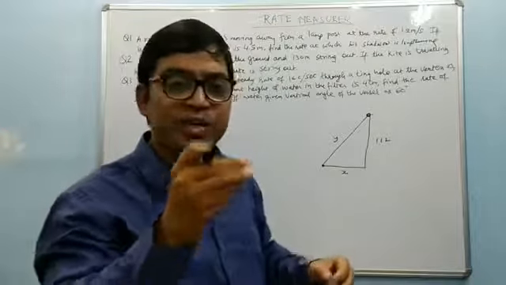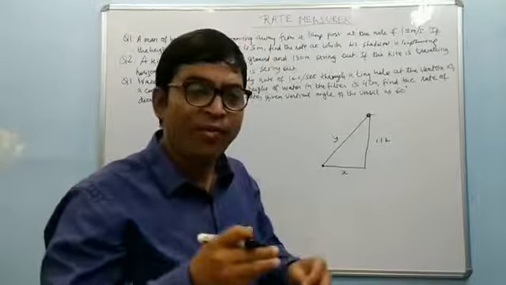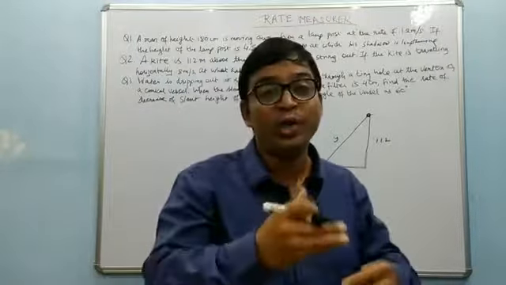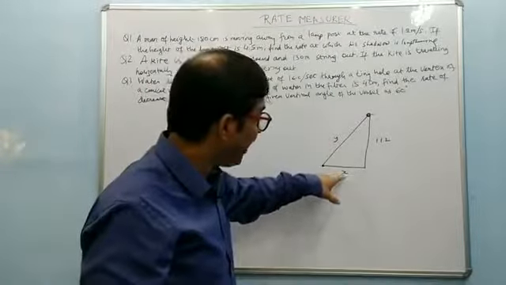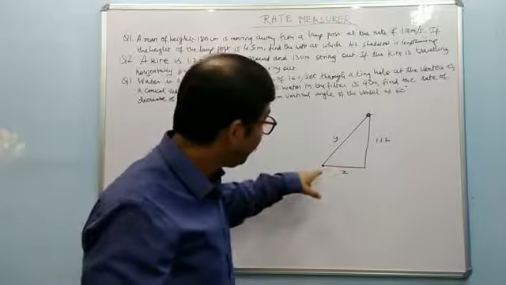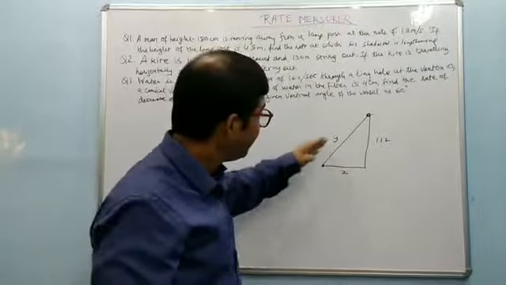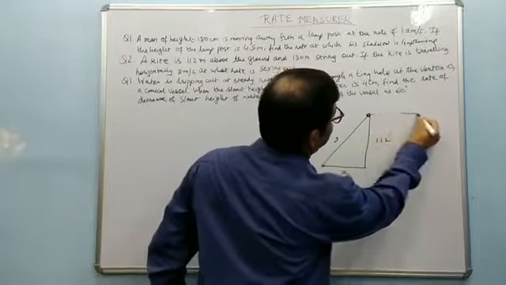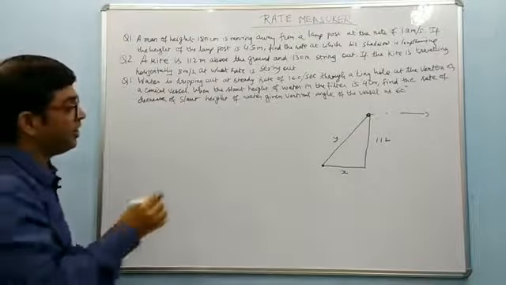Dx by dt will give how horizontally the kite is moving and dy by dt will give you how the string is laid out. So we have to just take x and y as variable because x is changing, the horizontal distance is changing, the string length is changing, but the vertical height is remaining constant. It is remaining 112. So we have to establish the relation.